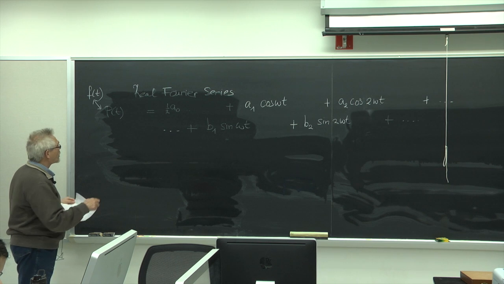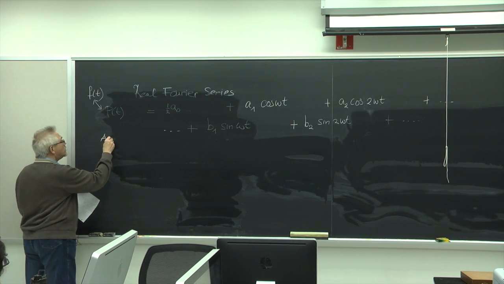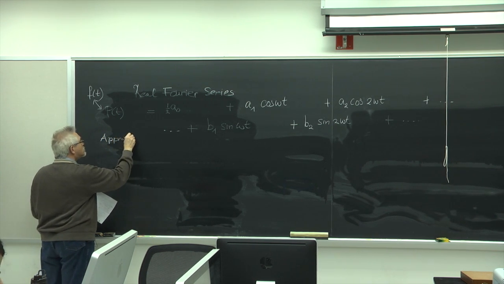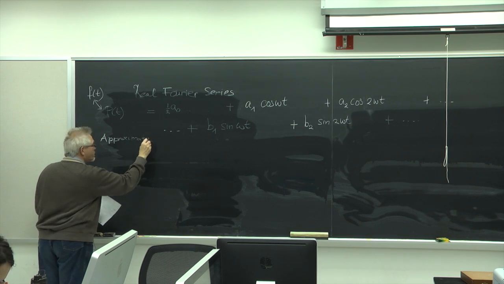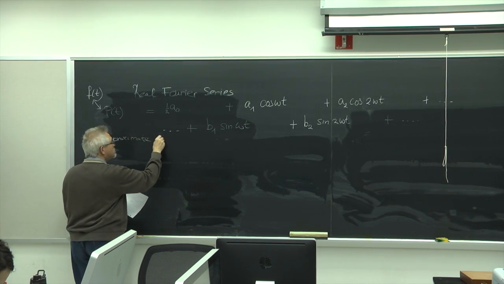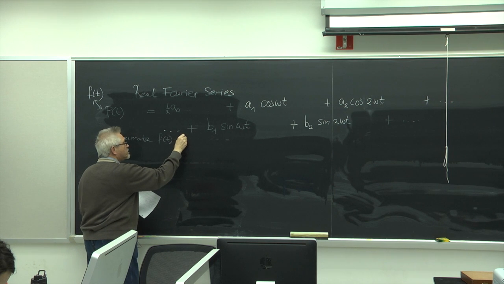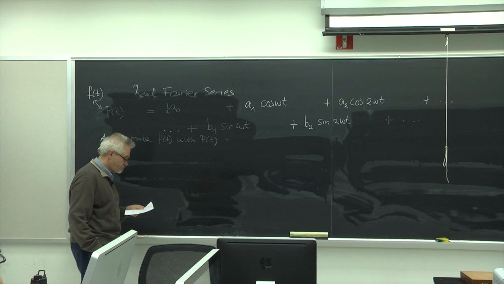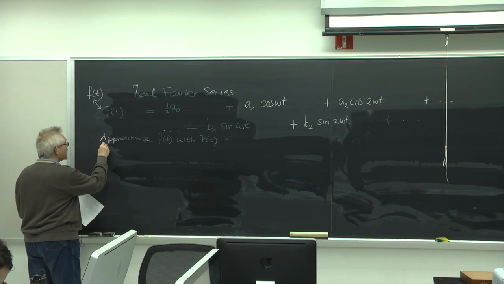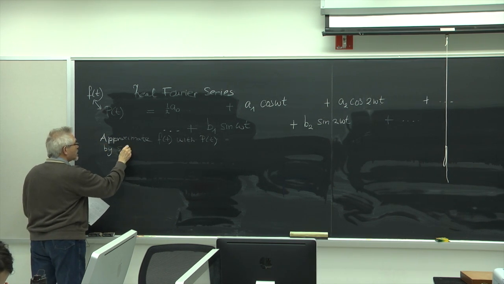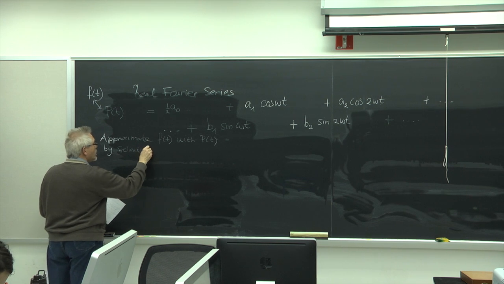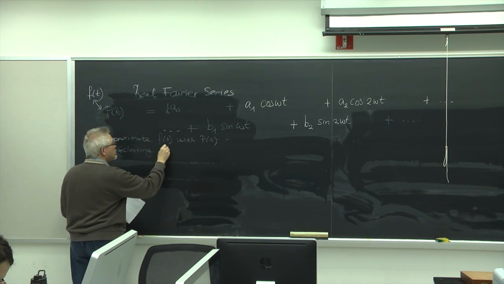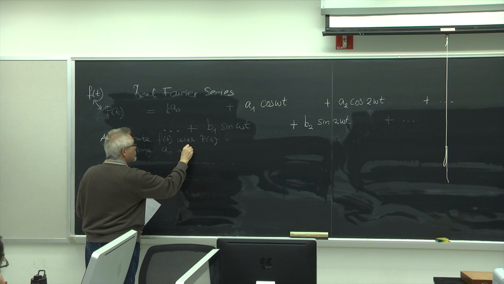And now we want to approximate, or maybe even represent, f(t) with p(t). And we do that by selecting appropriately an and bn.